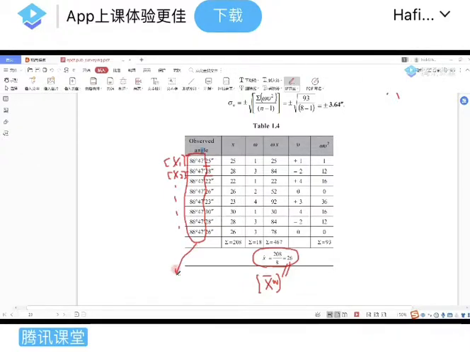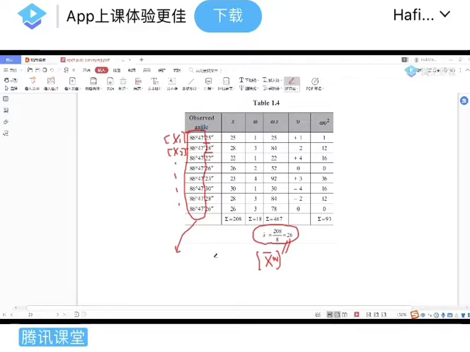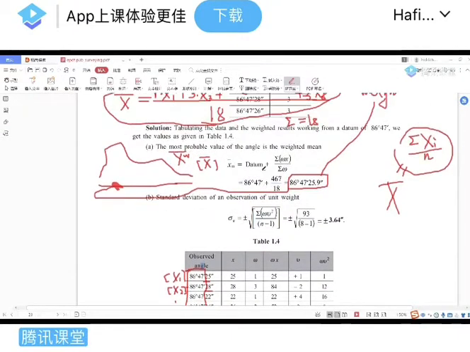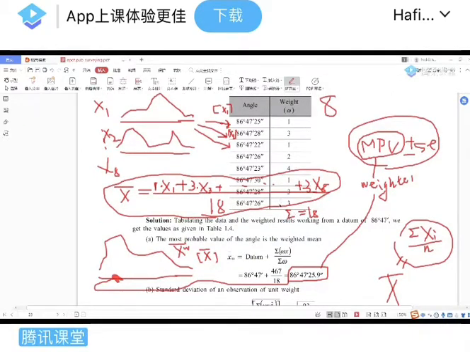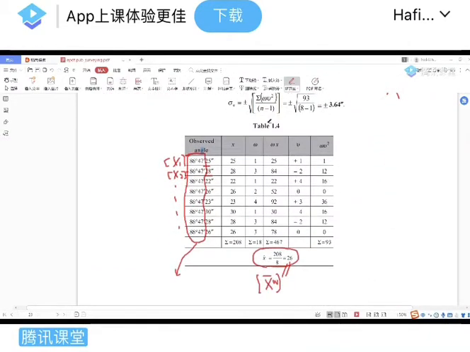If you do the weighted mean and put that inside, it's okay, but the solution will be the same. In order to simplify things a little bit, you just take the last bit, the seconds: 25 seconds, 28 seconds, 22 seconds, and so on. The weights are given already.